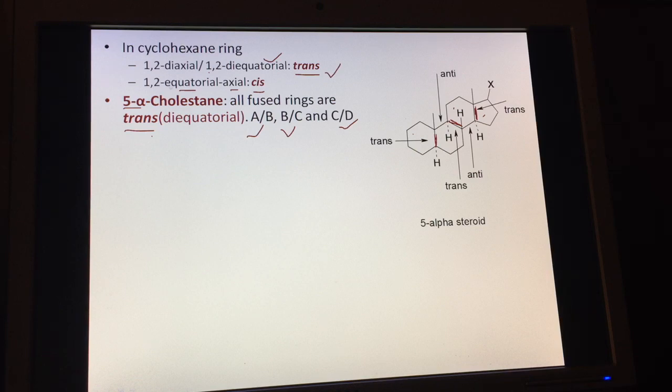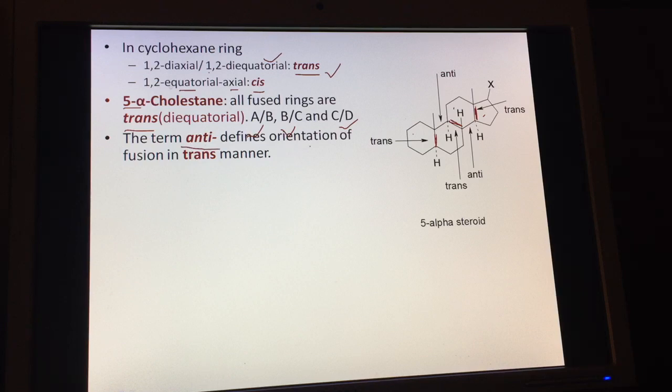Another term used to define the backbone of steroidal chemistry is syn and anti. The term anti defines the orientation of the fusion in trans manner. Now this is about the ring fusion of ring A and ring B.